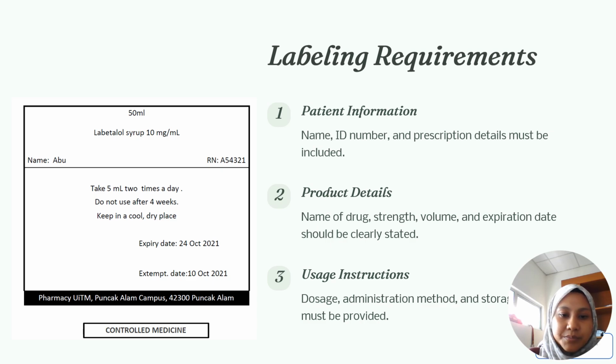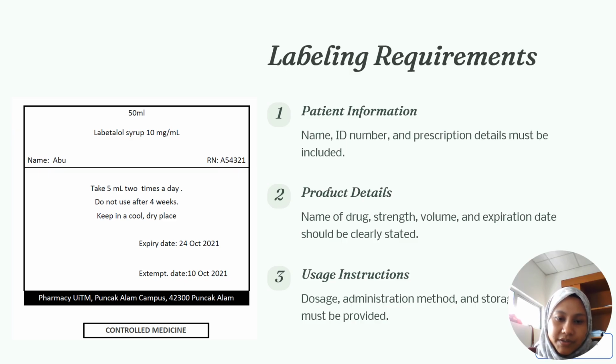Strength is 10 milligram per ml, and the volume of the preparation is 50 ml. Name of the product, and then we need to have the instruction on how to use the product. For example, in here, take 5 ml 2 times a day, and do not use after 4 weeks. So normally for compounded product, we don't keep it more than 1 month, right?